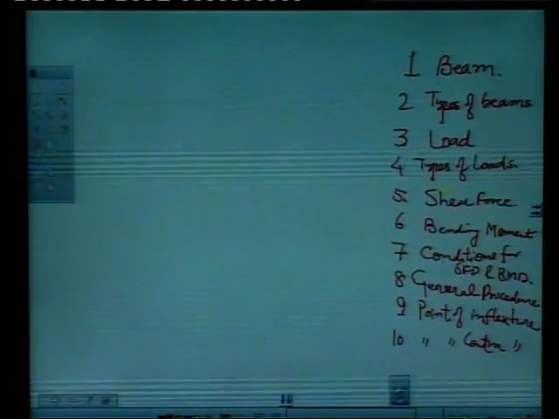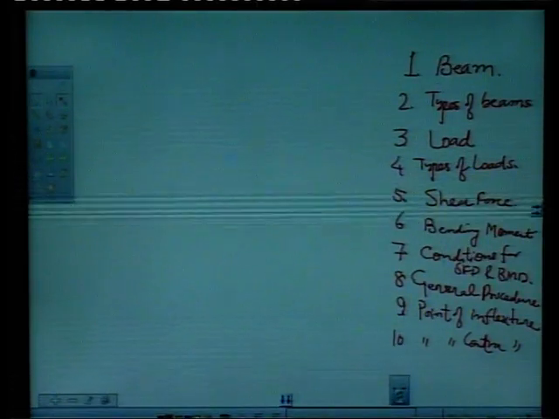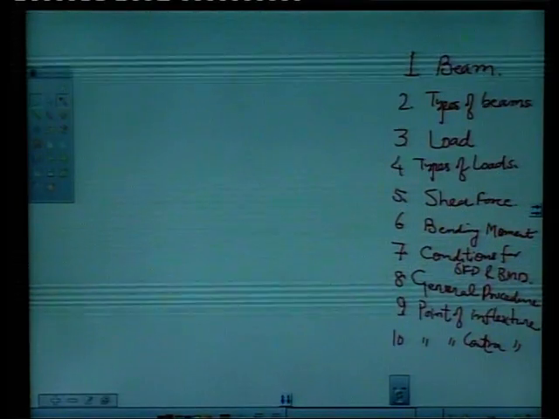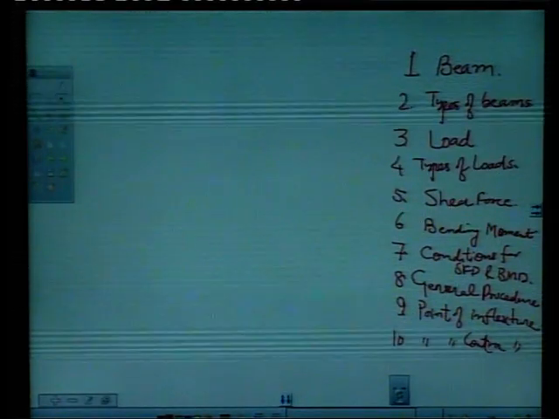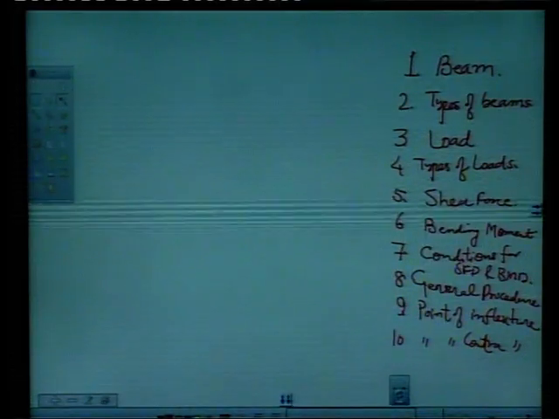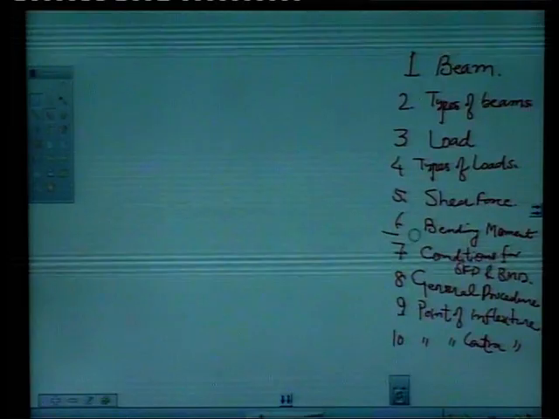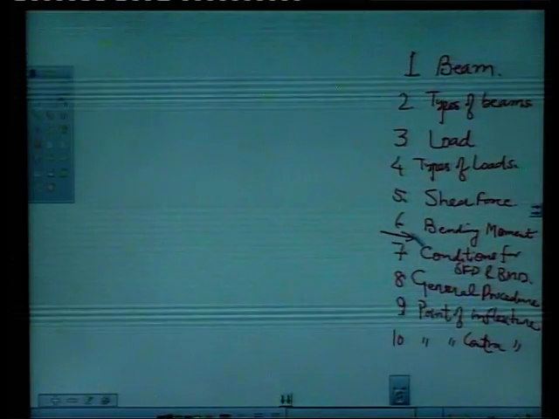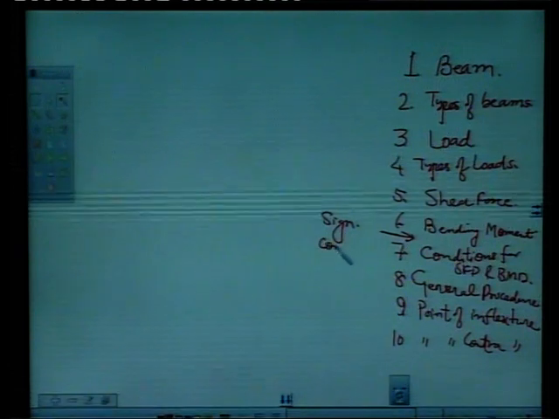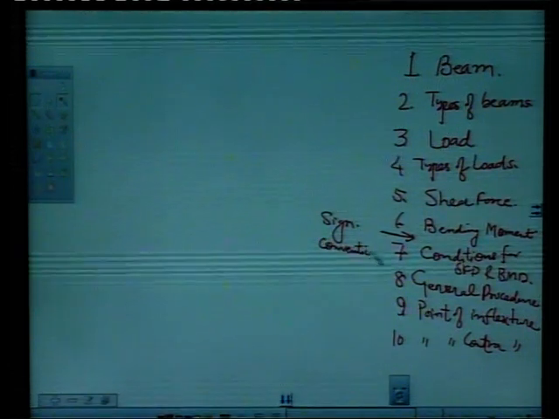Dear friends, these we will study in detail in today's class, that is on shear force diagram and bending moment diagram. Before point number 7, conditions for SFD and BMD, we will also study sign conventions for drawing the SFD and BMDs.